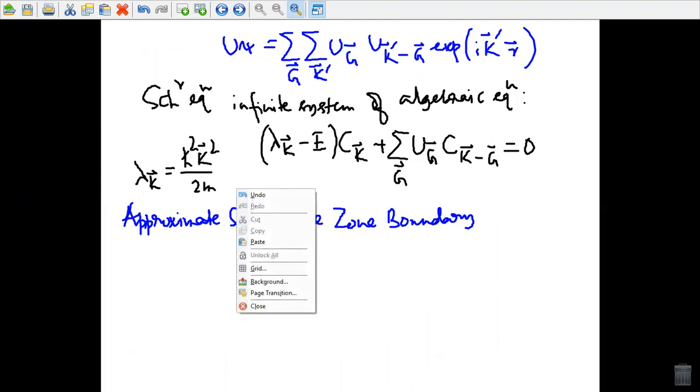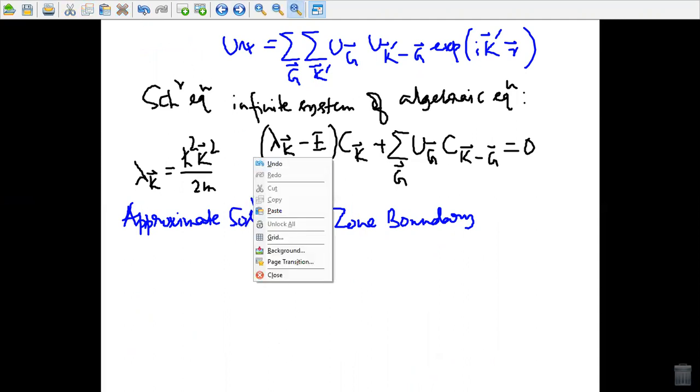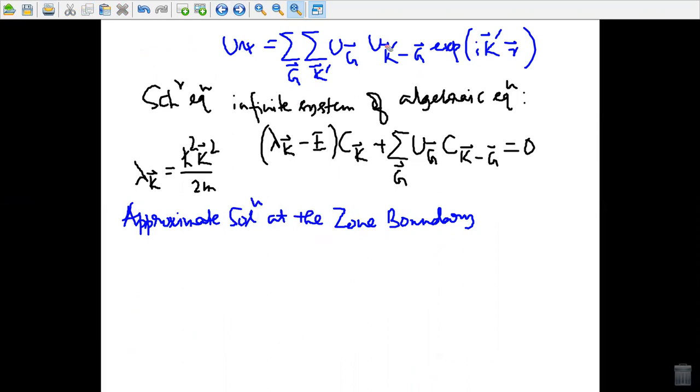It's my mistake. It is not U, instead it is C, C_(K prime minus G) exponential i K prime r.